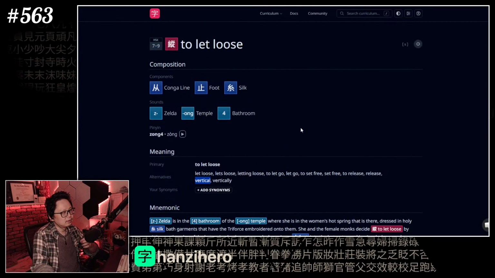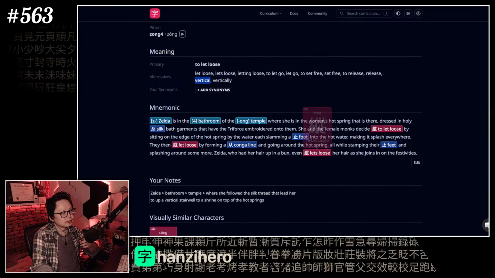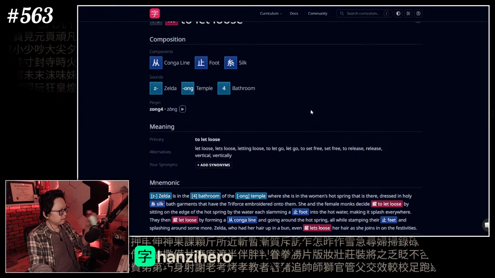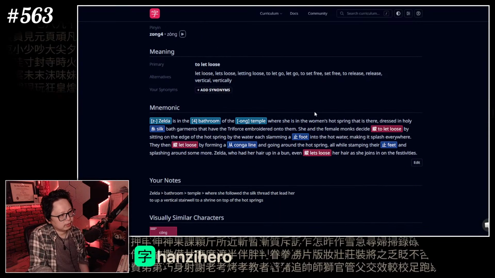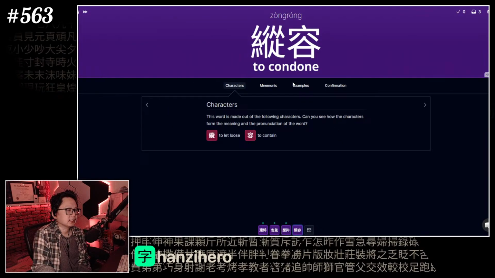Yeah, when I saw to let loose, I don't really know where that's coming from. Oh, and all these are new vocabulary words. I see. So, Zhong didn't have any vocabulary words. Yeah, could have sworn this is vertical. Yeah, it's vertical. Originally. Okay, I got you.